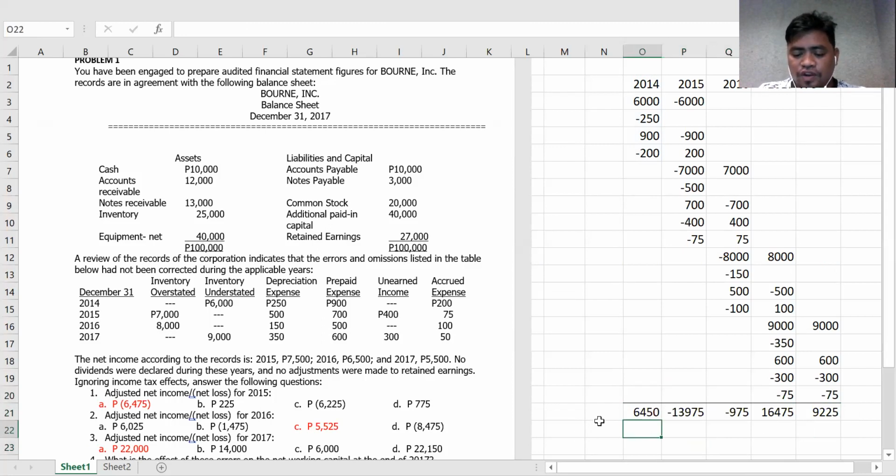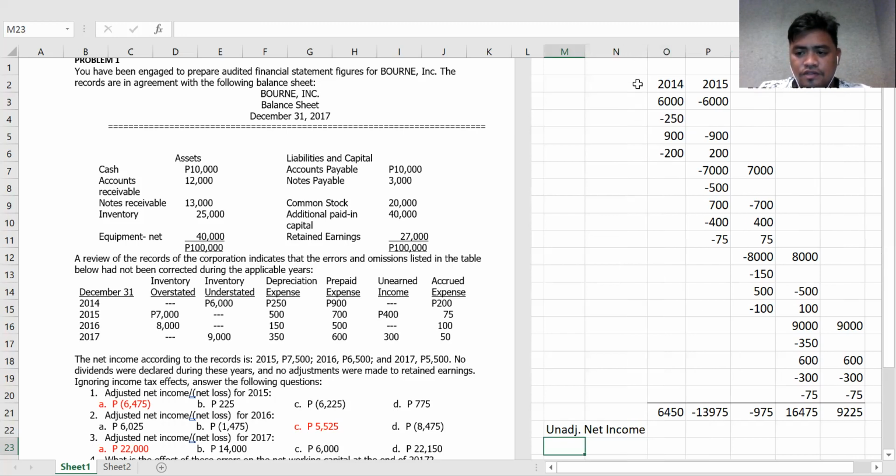So if we get the cumulative, we have the unadjusted net income for the years. For 2015, we have 7.5.